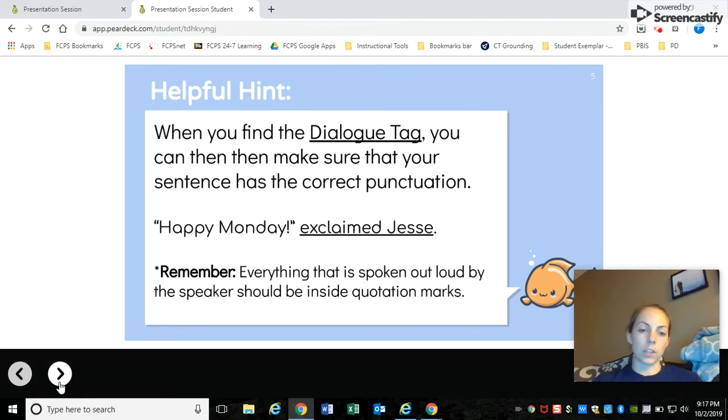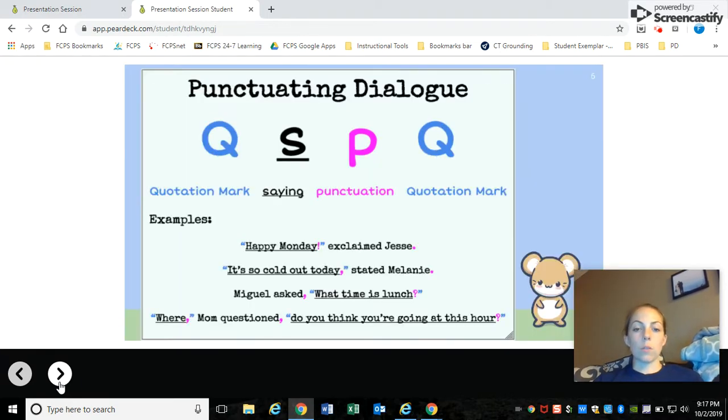So now we're starting to talk about some of these things. Let's talk about the punctuation. The rule that we are going to memorize, and you are going to get a bright colored piece of paper that looks just like this, is QSPQ. Say it to yourself 10 times right now. QSPQ, QSPQ, QSPQ, QSPQ. Okay, you get the gist. So the first Q and the last Q both stand for quotation marks.